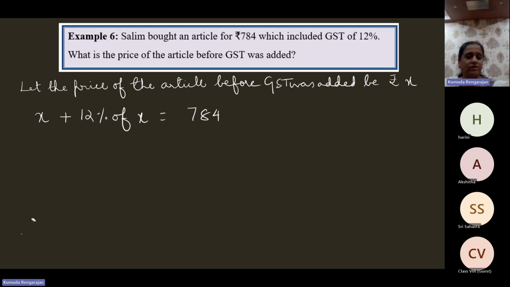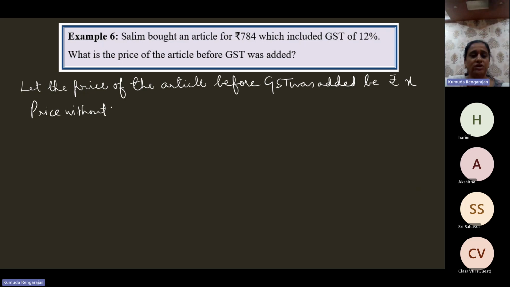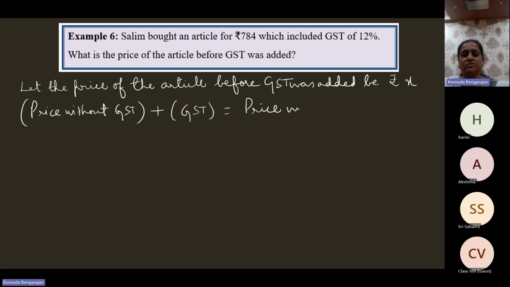If you want me to write everything in words, it will be like this. Price without GST plus GST is equal to price with GST. Or instead of saying without, I can even write excluding and including.